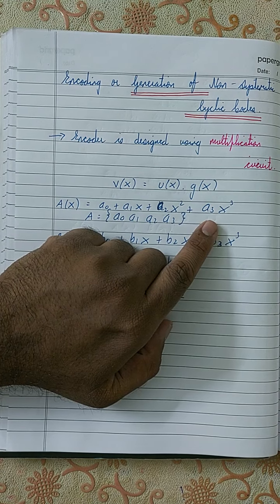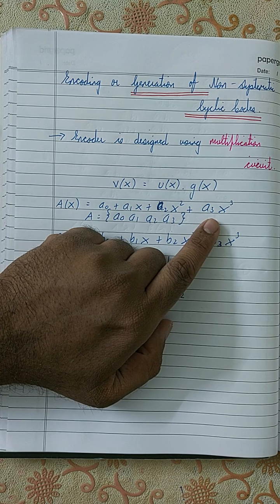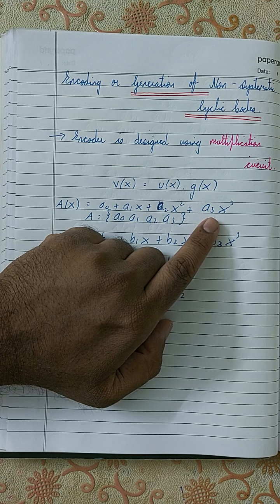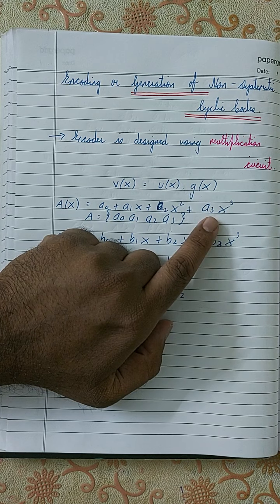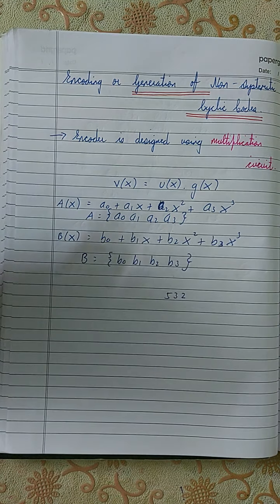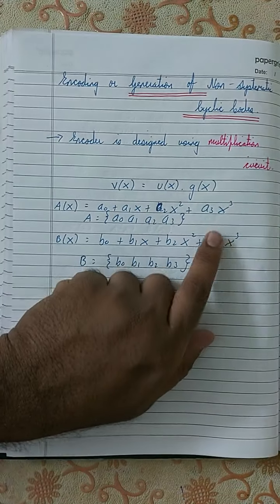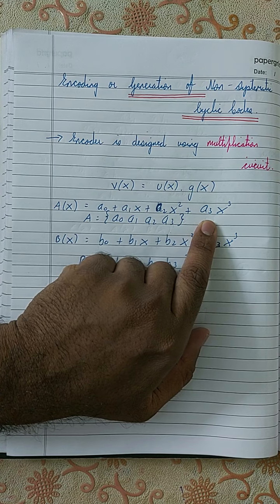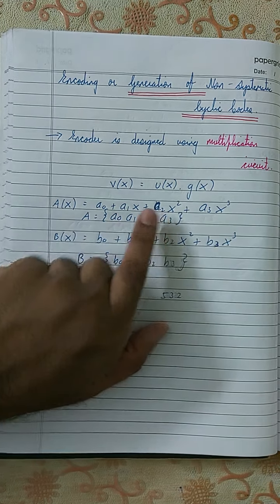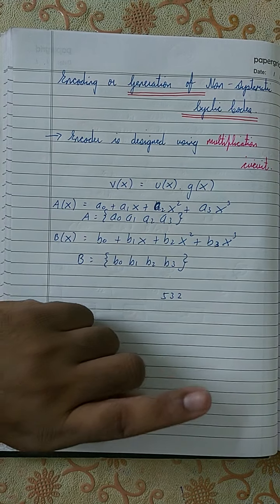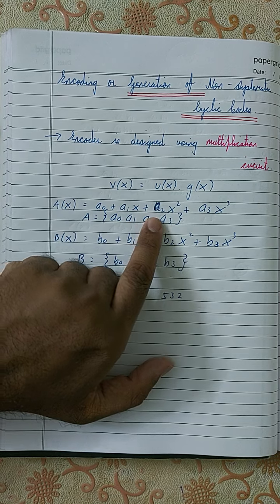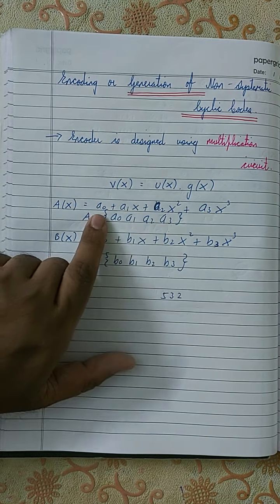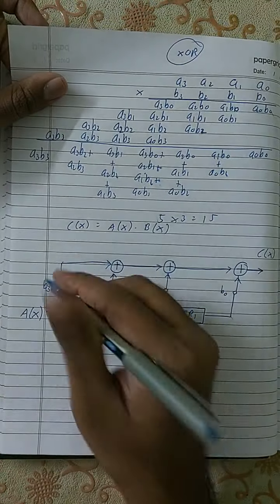And always you will insert the first bit of the highest order coefficient first, and then go for the next and the next and the next. So the first value you are going to insert is A3, then you will transmit A2, after that A1, and then A0.